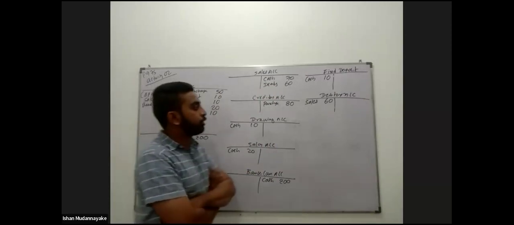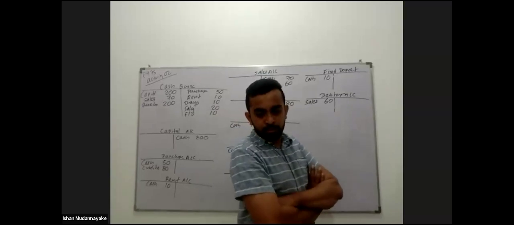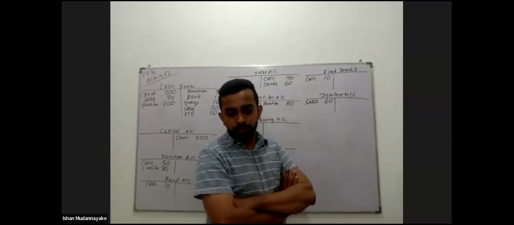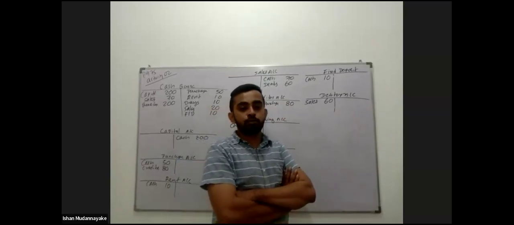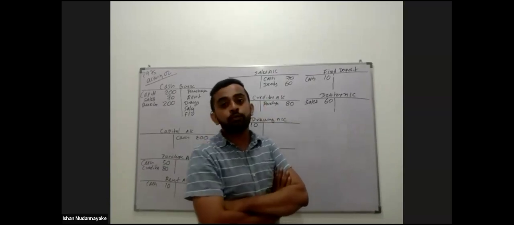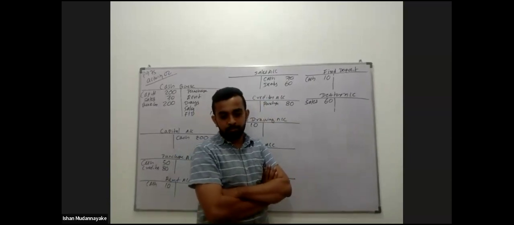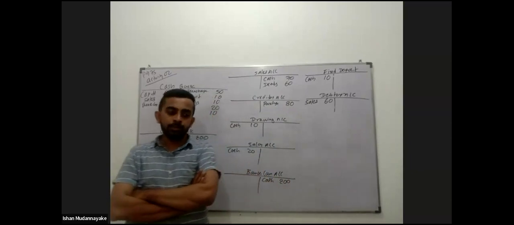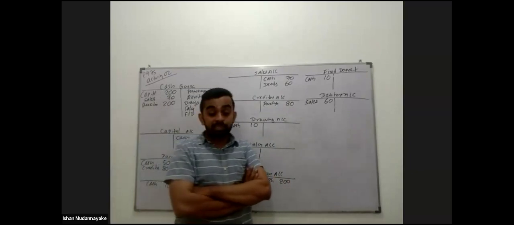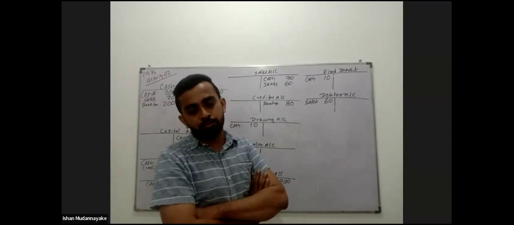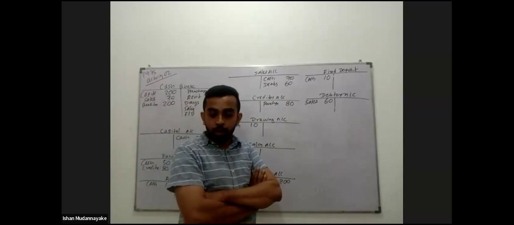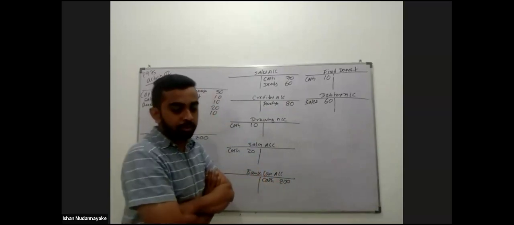Now you need to balance off all the ledger accounts. After balancing off all the ledger accounts, you can prepare the trial balance of a business. Trial balance, chapter 11. Using these ledger accounts, you can prepare the trial balance now. If you have properly passed double entries, then the trial balance should be equal.